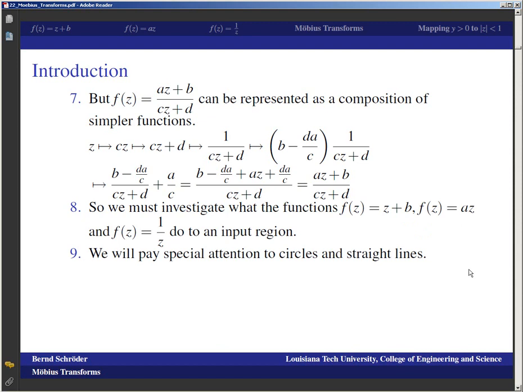And we will here pay special attention to what these functions do to circles and straight lines, and that is because ultimately it turns out that Moebius transforms map circles and straight lines to circles and straight lines. They might map some circles to lines, and some lines to circles, but overall the union of these geometric objects will be mapped to itself.